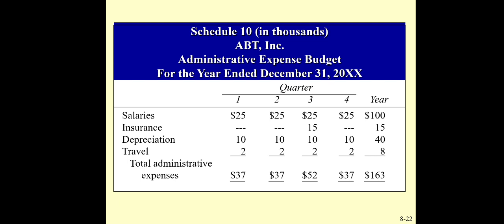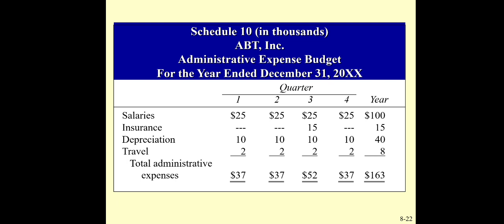It means that no matter how many sales a business makes, the cost of admin expenses is the same. For example, salaries: every quarter the amount to be paid is the same, $25,000 every quarter.